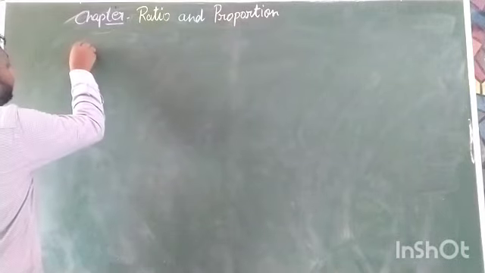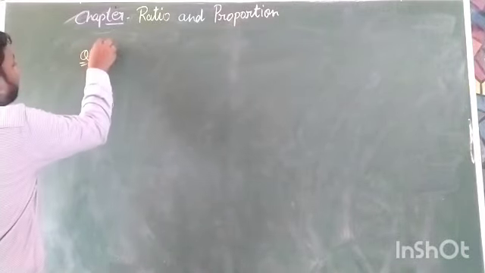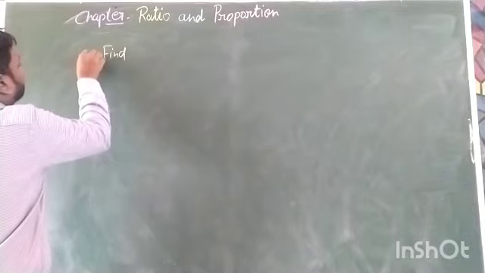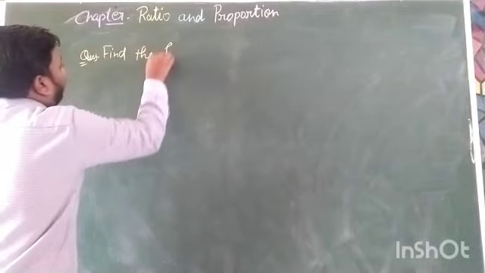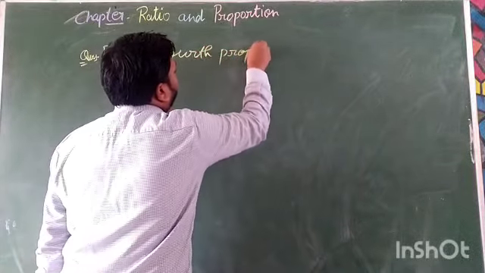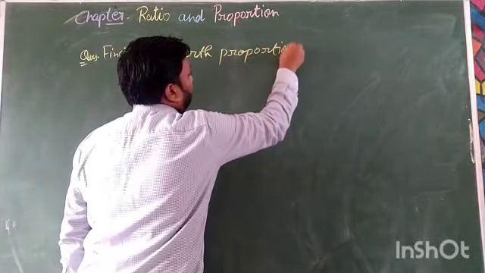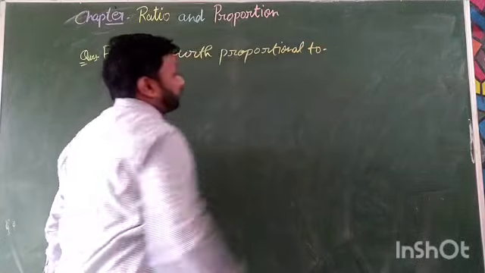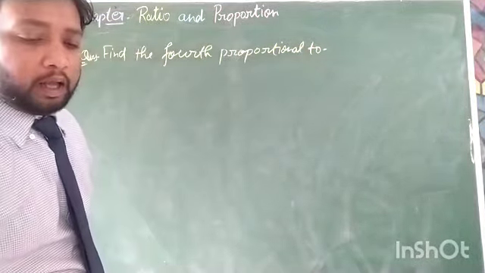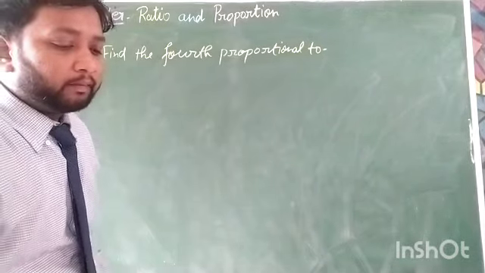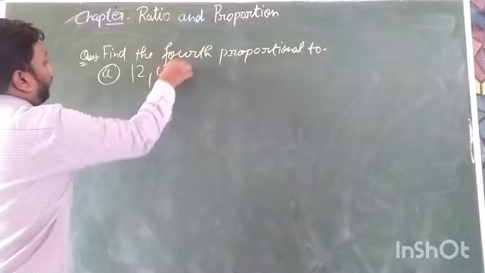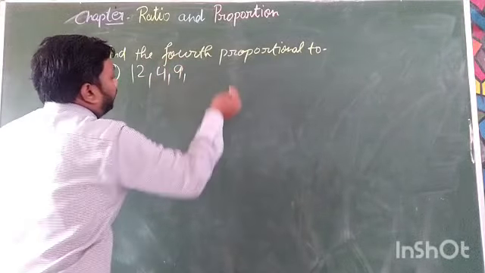So if we have a question: find the fourth proportional, and the numbers are 12, 4, 9 and a blank.